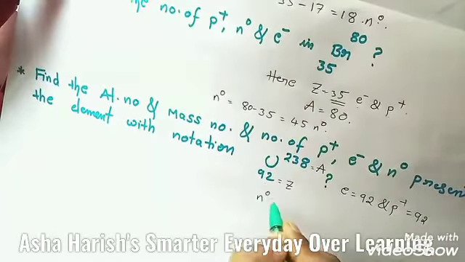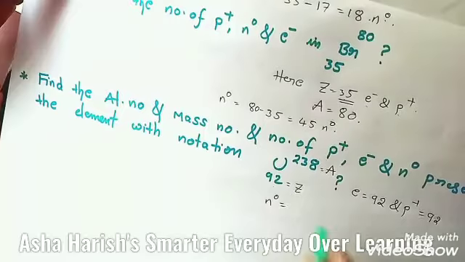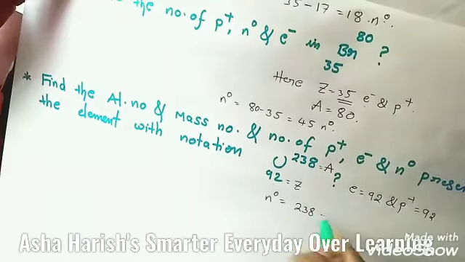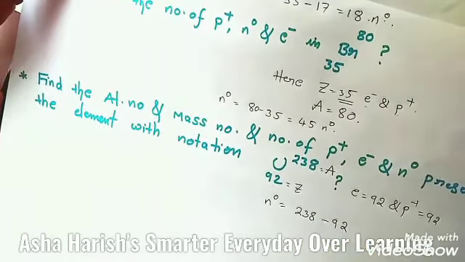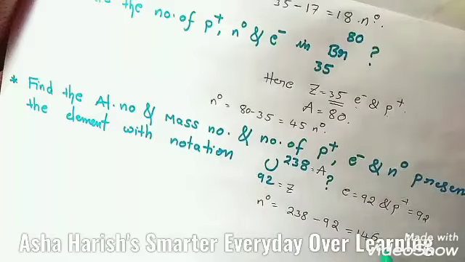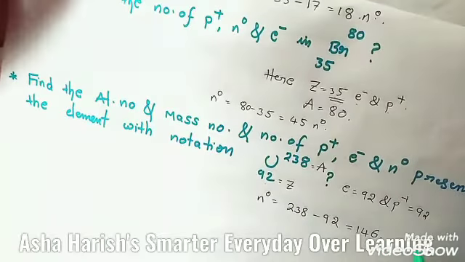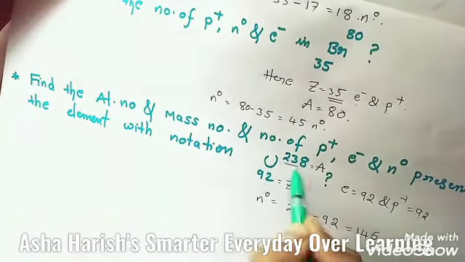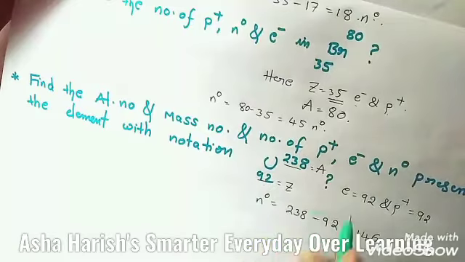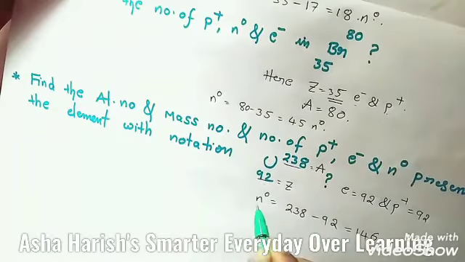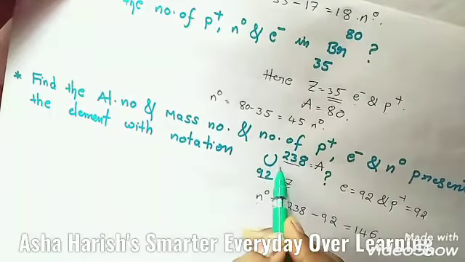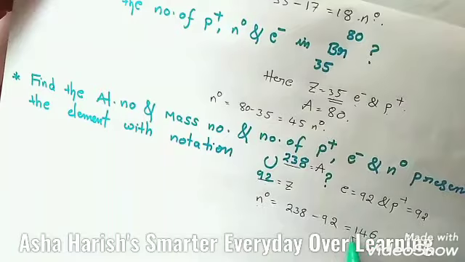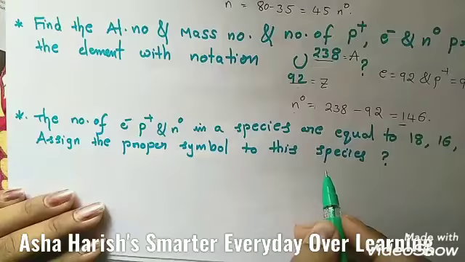And if you calculate the number of neutrons, that is 146. Why? Because from the mass number you subtract the atomic number. Finally you will get the number of neutrons present in that particular element. That is 146 here, students.